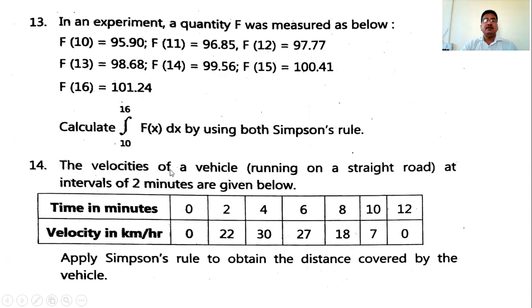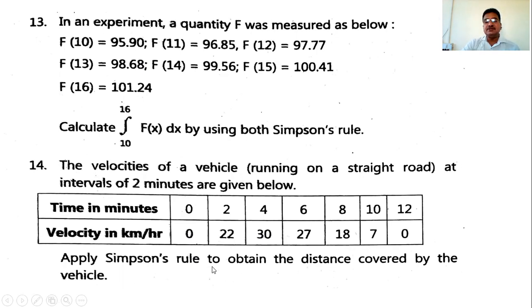Then, the velocity of a vehicle running on a straight road at an interval of 2 minutes is given. This is the time, and this is the velocity in kilometers per hour. So we treat the first row as values of x, and the second row as the values of y, that is y0, y1, y2, y3, y4, y5, y6.